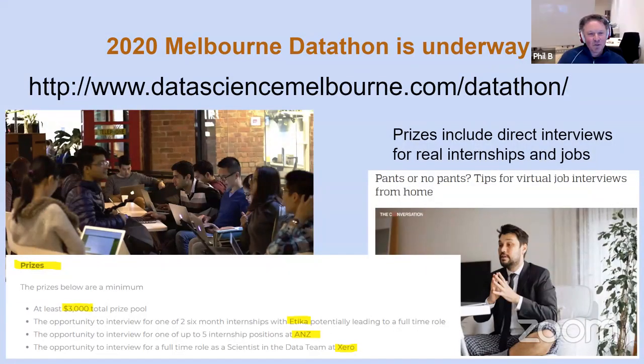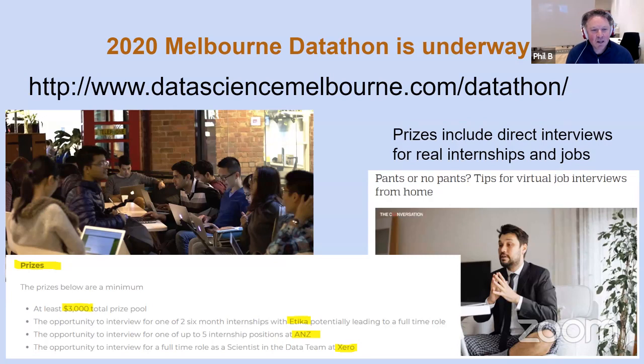For those who don't know, we run an annual datathon, and this year I wasn't going to do it, basically because of obvious reasons. It's going to be a bit logistically hard, but I kept getting emails from people saying, any chance you know of any jobs or internships going? So what we've done is we've done one this year.